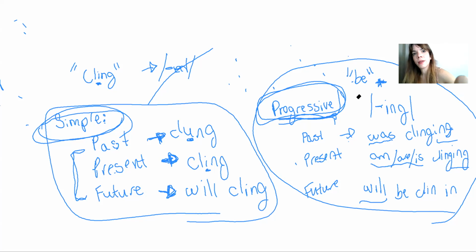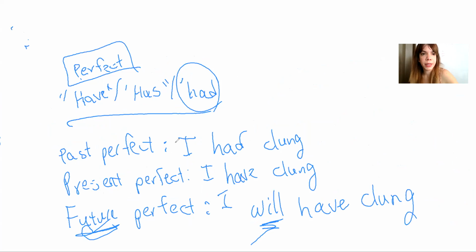So it's be plus ing. So was clinging for past, am clinging, will be clinging, right? Internal change here. So this is the perfect. All right, let's add another one.